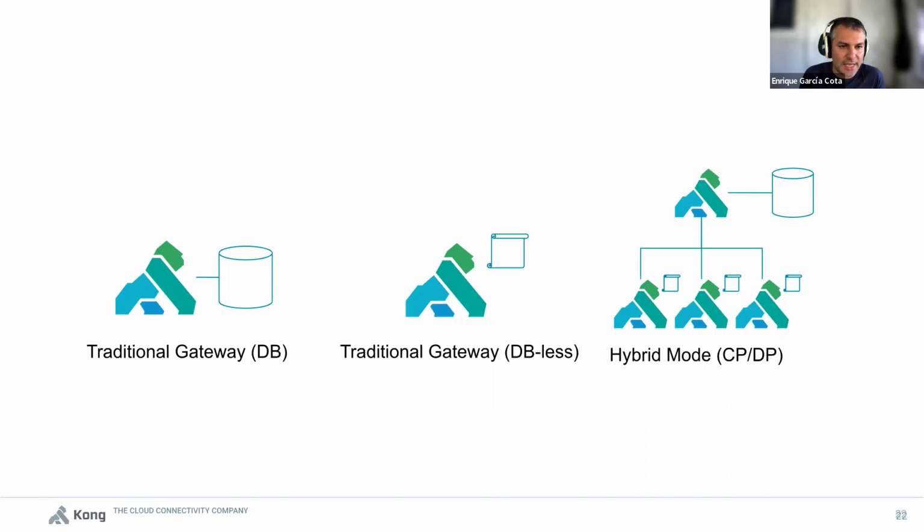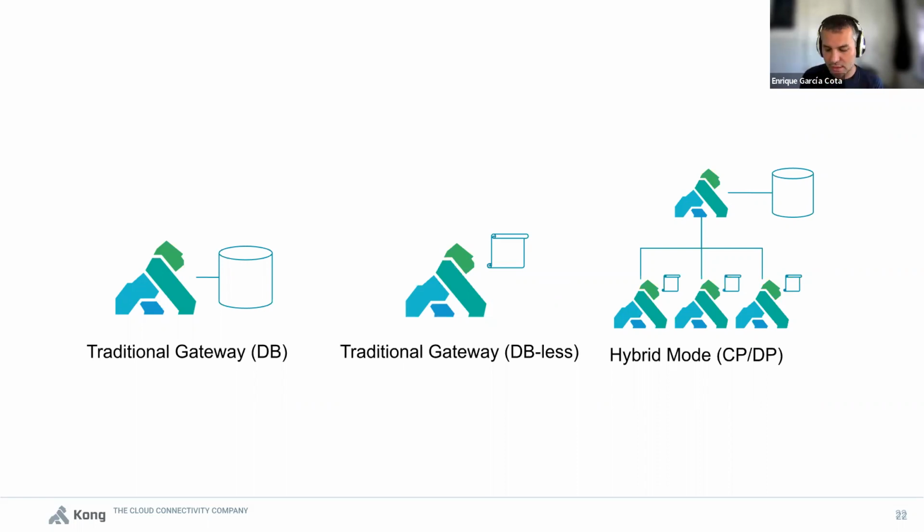So as you can see, the scenarios where Kong has been used or is currently being used differ a lot from user to user. So asking the question, is Kong going faster, is not something as simple as it used to be when we were just dealing with the traditional gateway.